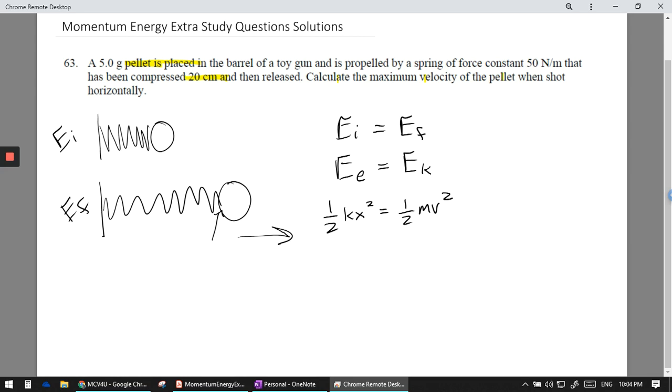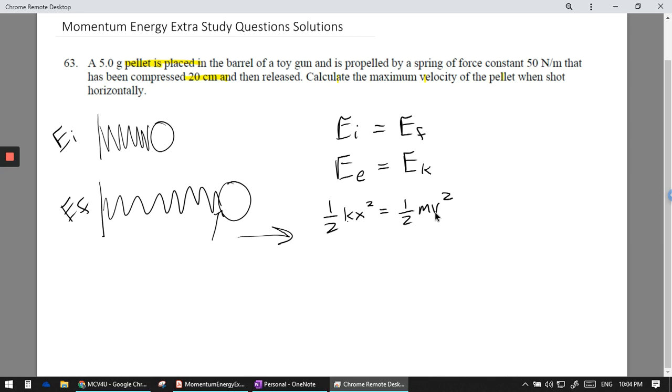And if we take a look at what these things are, this is, well, not the mass. Sorry, this is the spring constant right here. Over here, we've got the mass of the pellet. Over here, we've got the distance that the spring has been compressed.